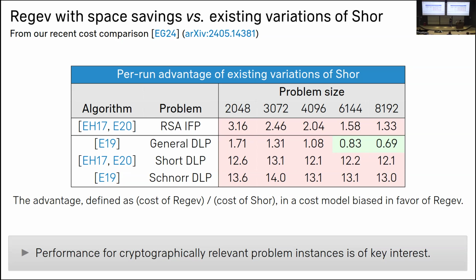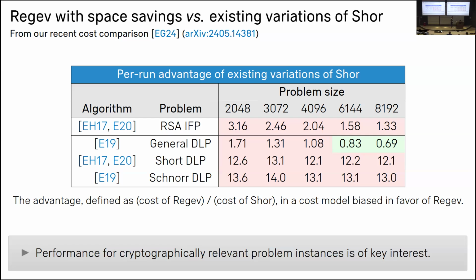Thank you for the very interesting talk. If I understand well, if the problem size is bigger, we have more advantage from Shor's algorithm. So I just want to know, with the progress of quantum computers, would there still be any advantage from Regev's algorithm or from your algorithm?